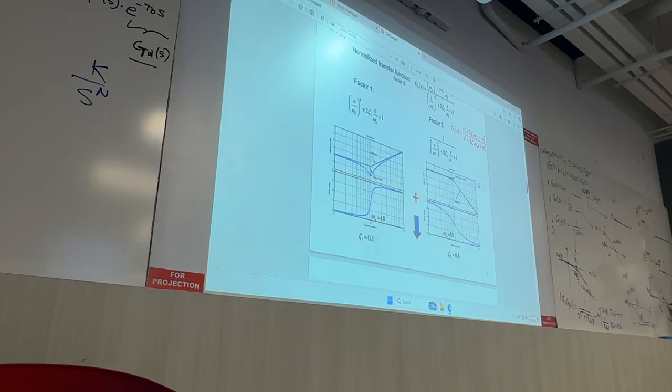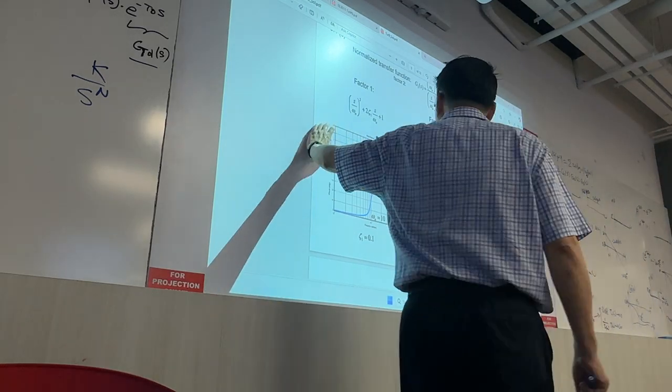When this one is 1, then it's 0. That means you don't have a peak here. But when this is small, 20 log of a big number, it's going to have a very big value. Okay? So in this case, we have two.